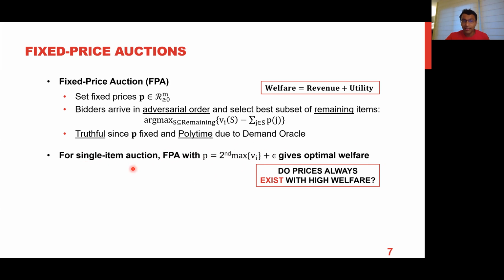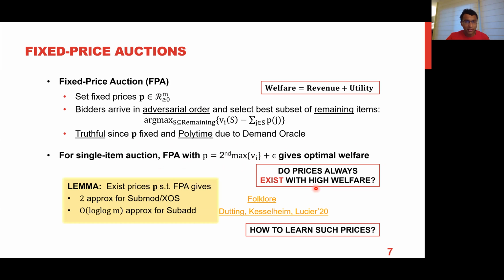That shows that if you set up the prices cleverly, then maybe there is some power in these fixed price auctions. So the question is, do prices always exist that give you high welfare? And this is known to be true. In particular, from prior works, for submodular and XOS functions, it's a folklore lemma that you can even get a 2 approximation. So there are nice prices such that if you set those prices and the bidders are submodular or XOS, then you can get a 2 approximation.